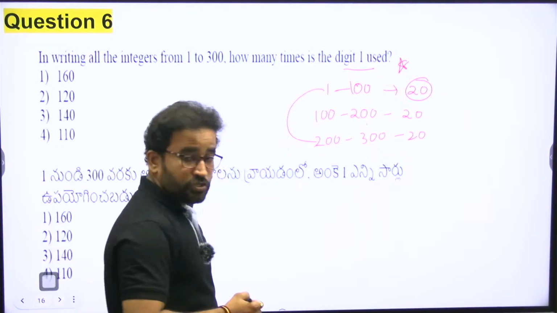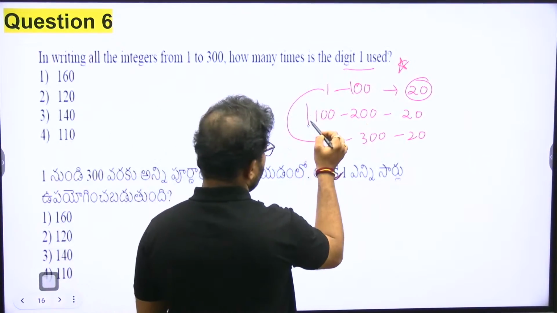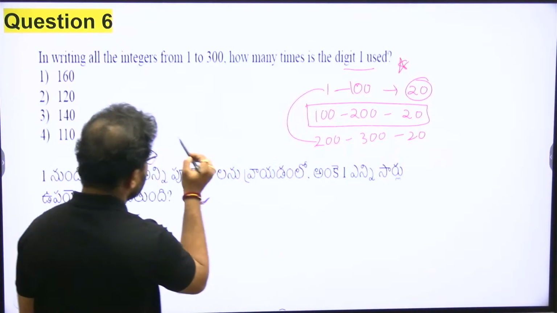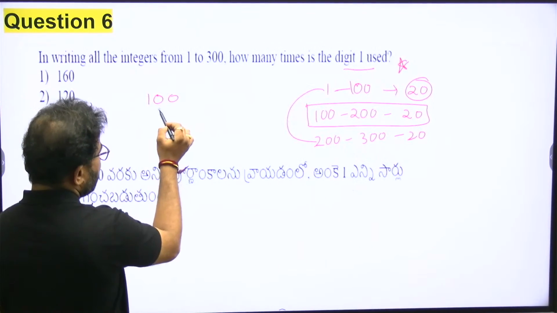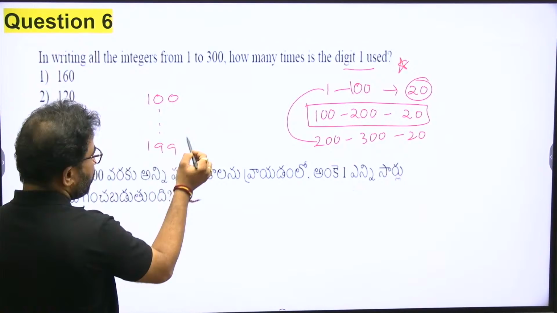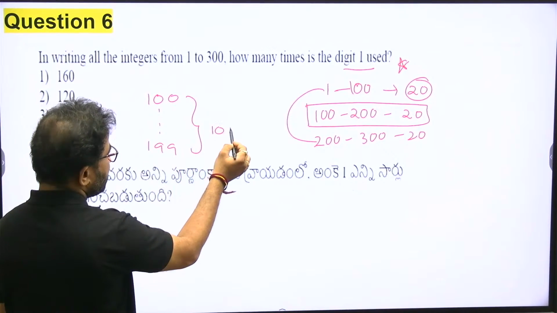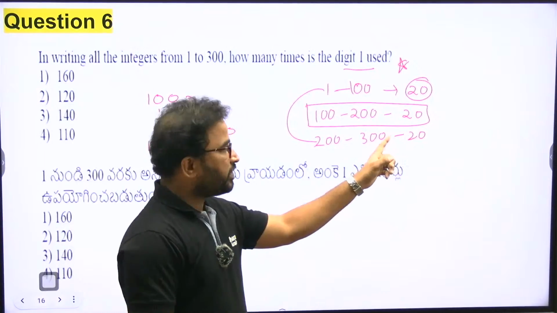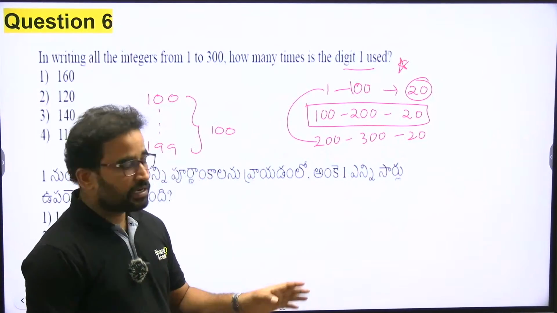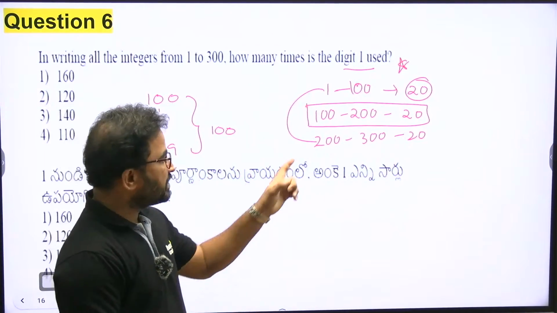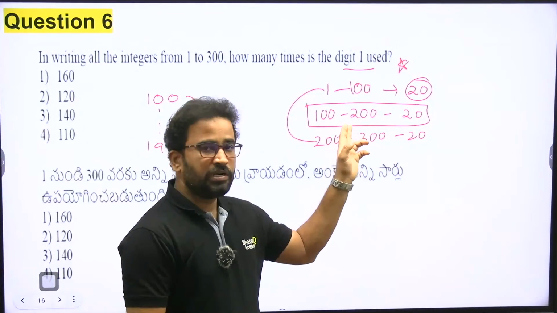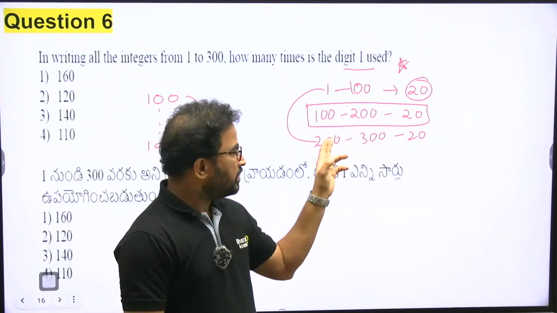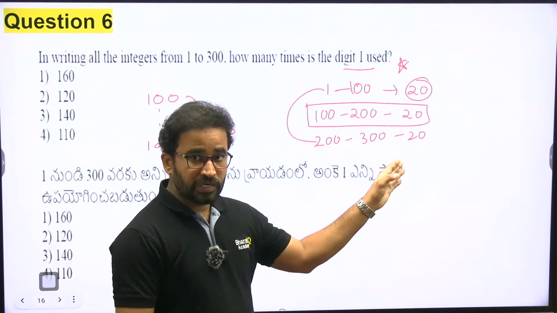Except these two, from 100 to 199, how many times is it repeated? 100 times. No need to calculate this value. For example, if they ask how many times 5 is repeated, it is 1 to 120, 100 to 220, 200 to 300, also 25.